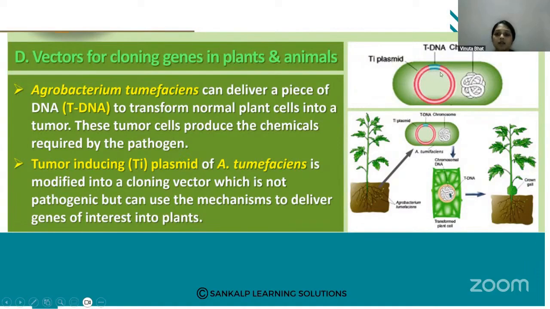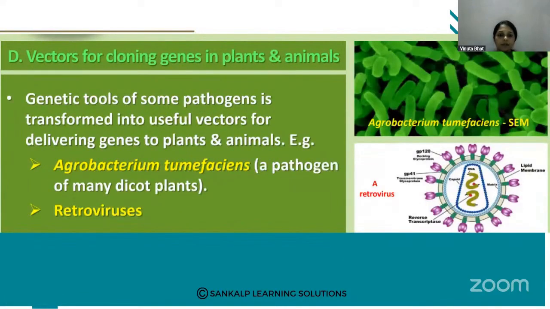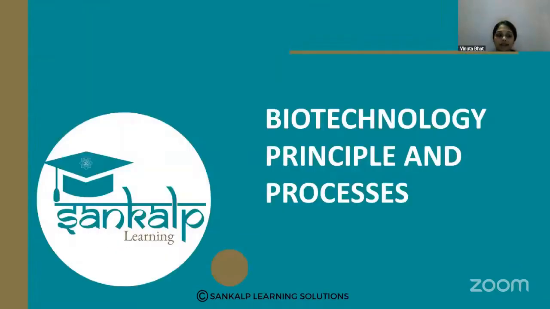The disease-causing gene is removed and the desired gene is introduced, then we can introduce that into the cell. That is the method. So these are all the things that we have studied in today's class.